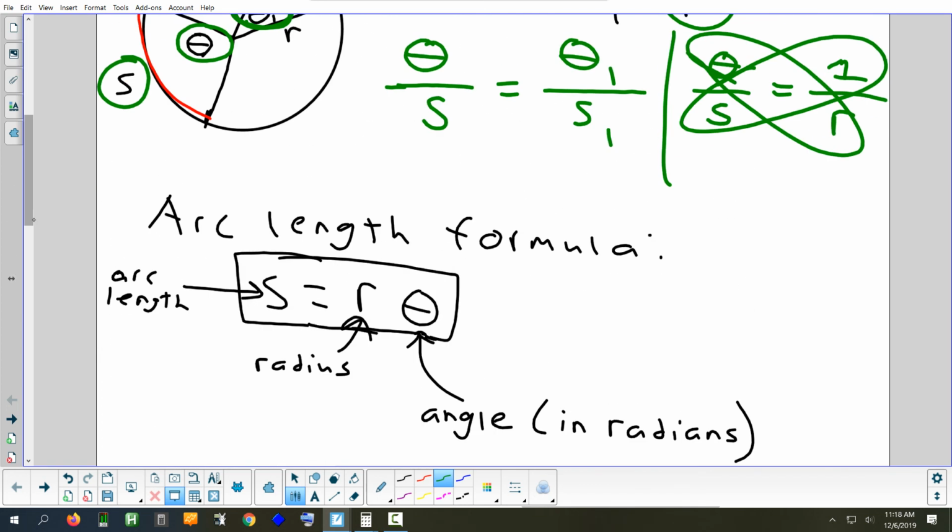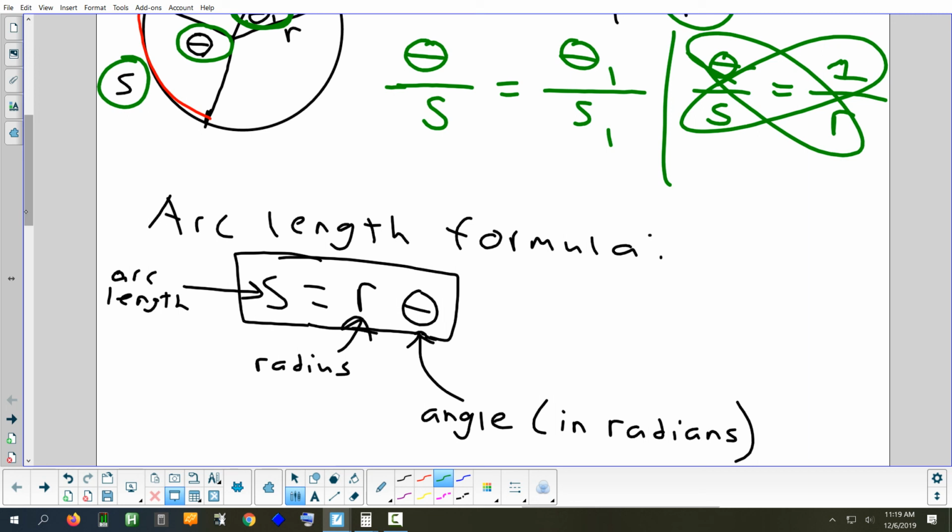That means this formula has to be in radians. In that formula, there are two lengths. S is a length, R is a length, theta is an angle. So when we solve it, we have to make sure we have the proper units. It's inches, feet, whatever they give us.